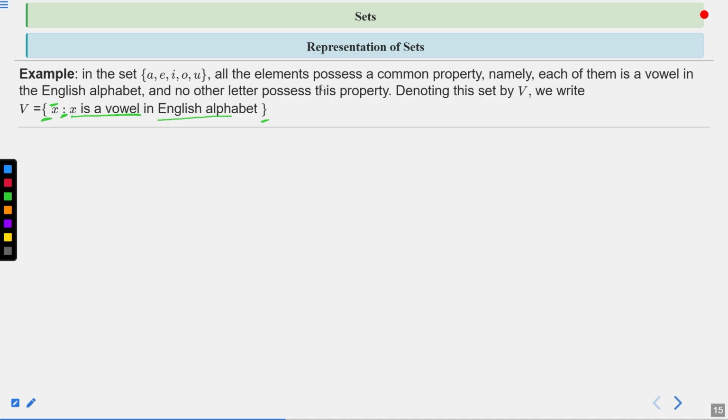The property we are talking about is that our elements, our members, should be satisfying this specific property. In this case, x is a vowel in the English alphabet. After seeing more examples, it will be clear if it is not clear up till this point.